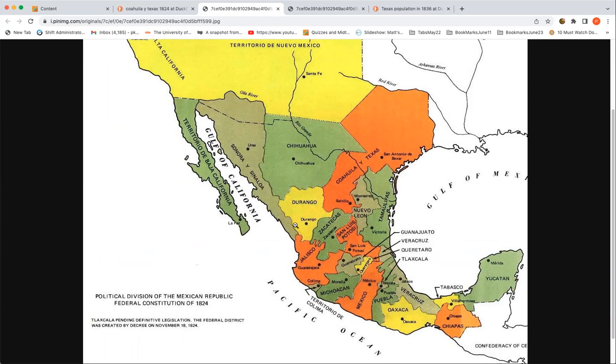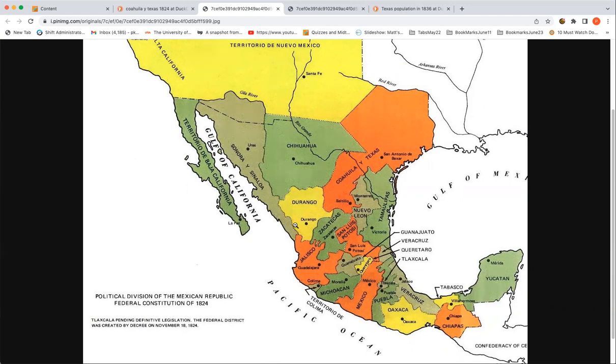The readings will supplement the podcast. So this is Mexico in 1824, and I'm going to go into this in detail, but just note that Texas by 1824 is part of the largest state in Mexico at the time, which is Coahuila y Tejas. But I'm going to talk about this towards the end of my lecture today. So, big story, we're moving into the Mexican period of Texas history, which begins in 1821 and lasts until 1836.